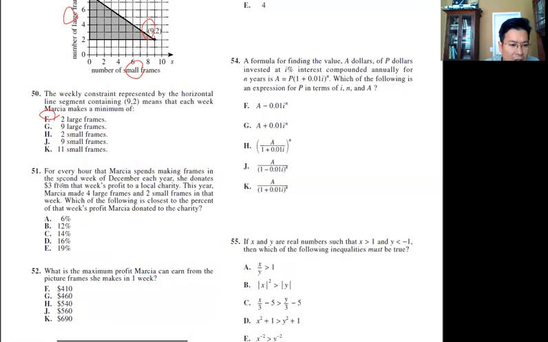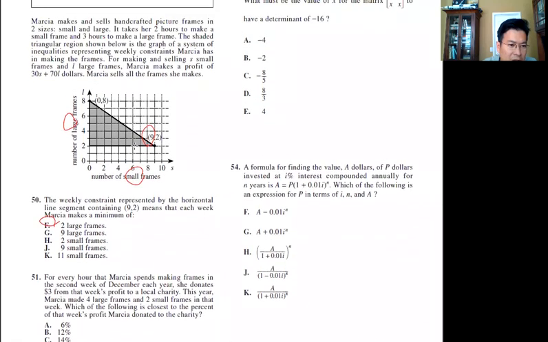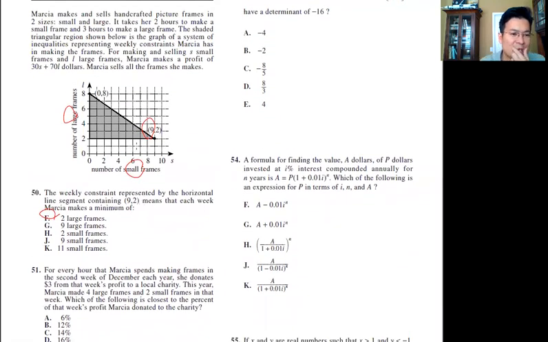So say, every hour Marcia spent making frames the second week of December each year, she donated $3 from the weekly profit to the local charity. This year, Marcus made 4 large frames, 2 small frames that week, and closest percent profit donate. So 4 large means how much is large?